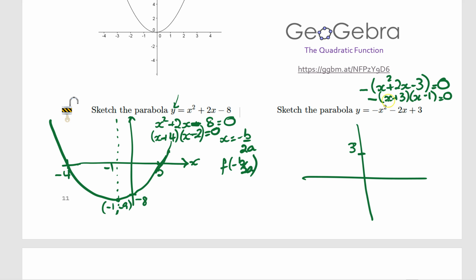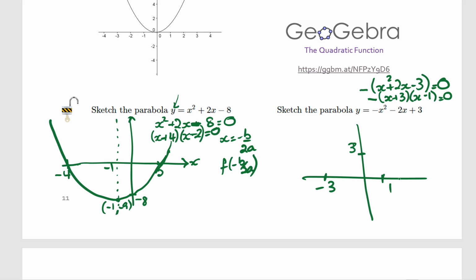It doesn't really affect what the factors are, but we did this so that we could easily factorise it. So when x equals -3, out here somewhere, and when x equals +1, just there, they will be the points where we cut through the axis.